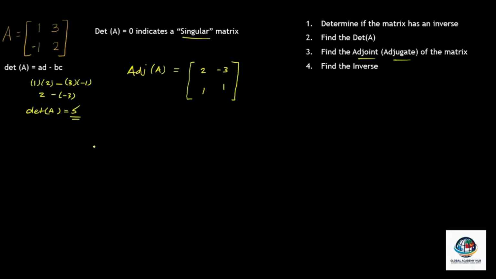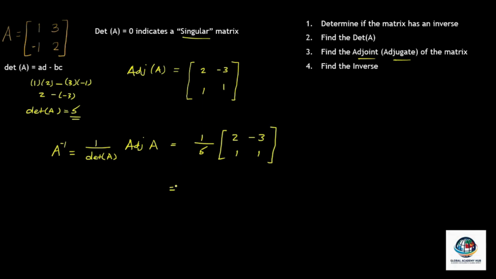Now, find the inverse. So how do I find the inverse? A minus 1, which is the inverse, is equal to 1 over the determinant of A multiplied by the adjoint of A, which I've already found. So I have 1 over 5 multiplied by 2, minus 3, 1, 1.